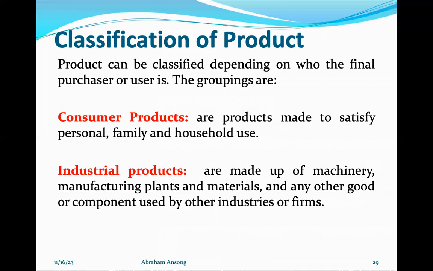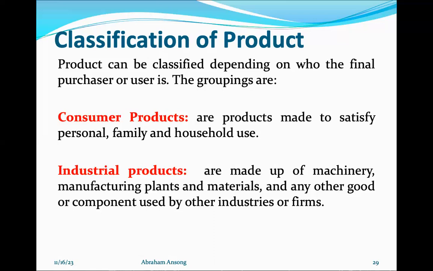We can classify a product in terms of consumer products and industrial products. So we said a product could be a service or a good. We have to pay attention to that. So consumer products are products made to satisfy personal, family, or household use. So they are consumables, things that we use either personally, for family, or for household.